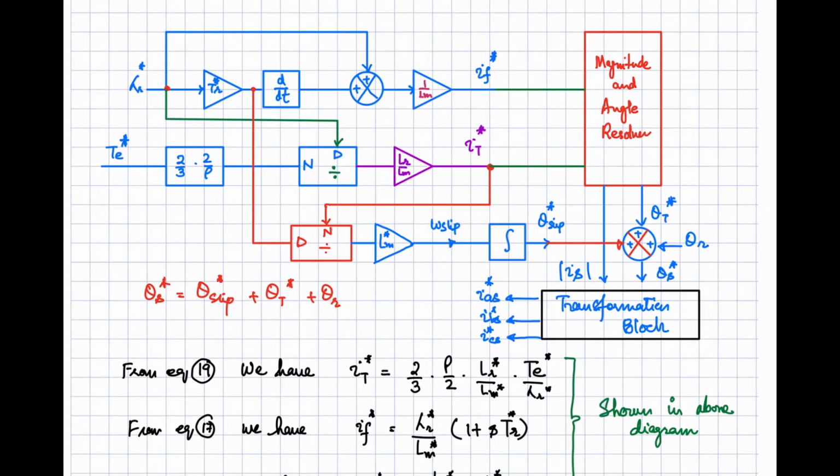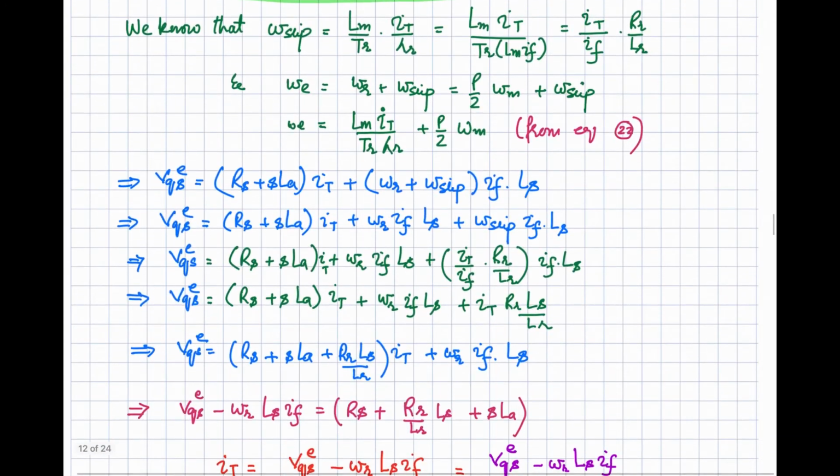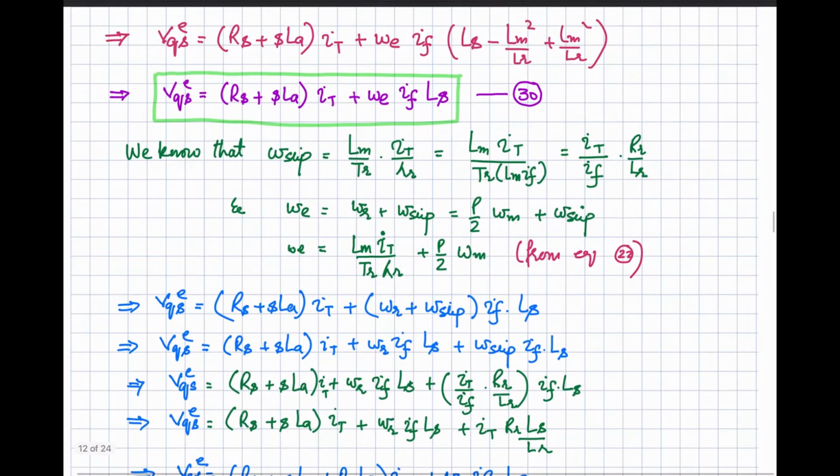So in order to correlate these, we are going to represent this q-axis voltage in terms of the slip speed. If you remember the equation for the slip speed, that was equal to Lm by Tr into It by lambda r. So lambda r can now be written as Lm into If, as you can see over here, and this equation can be written like this.